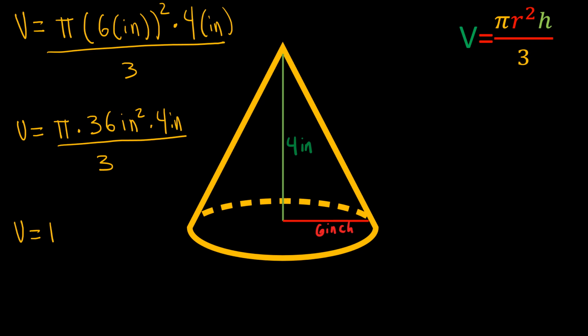And therefore, volume would equal pi times 144 divided by 3. Which simplifies further to volume equals 48 pi inches cubed.